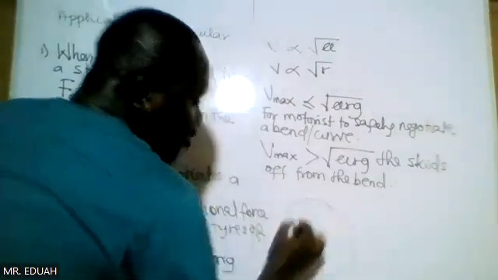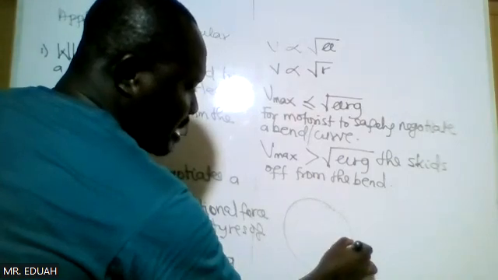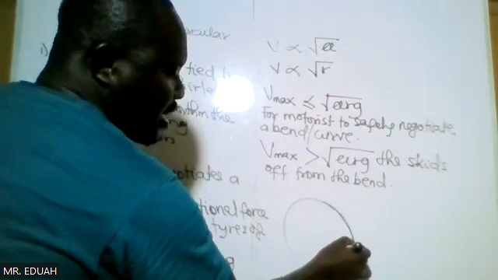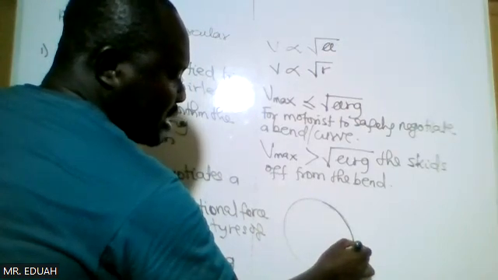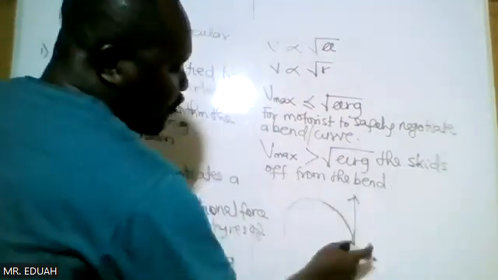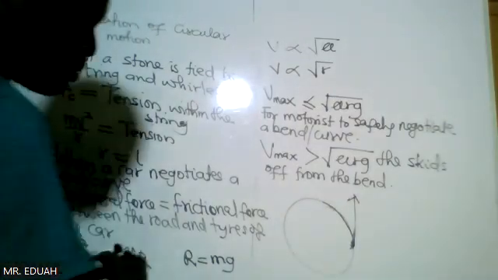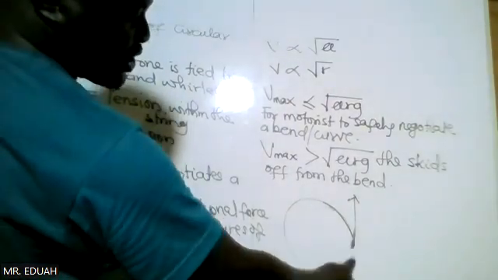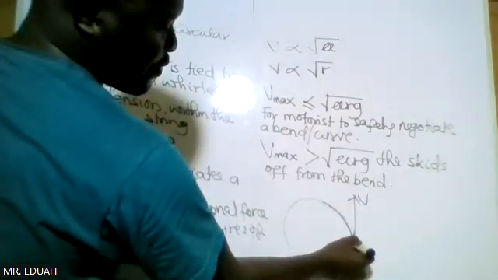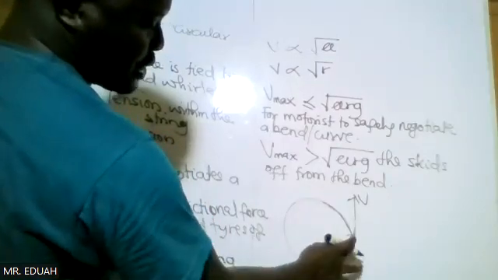If a car skids off from a circular path, it is moving and would have to stay within the circular path. If it skids off, it means it is moving straight away. It will move off from the circular path and go straight to hit something, meaning it will follow the direction of the linear speed v instead of following the direction of the change in velocity associated with it.